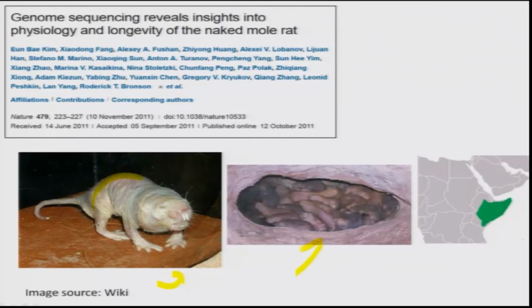They live in burrows like this. You can see all these small litters; these are mammals, just about the size of a mouse or rat, and they are unique to the eastern part of Africa. Okay, so what is so great about it? Therefore, people went and sequenced the entire genome of the naked mole rat.